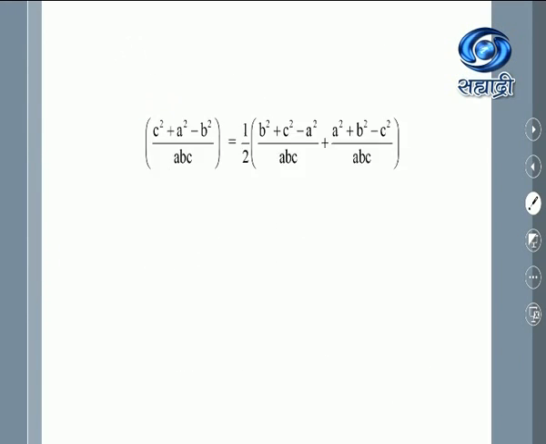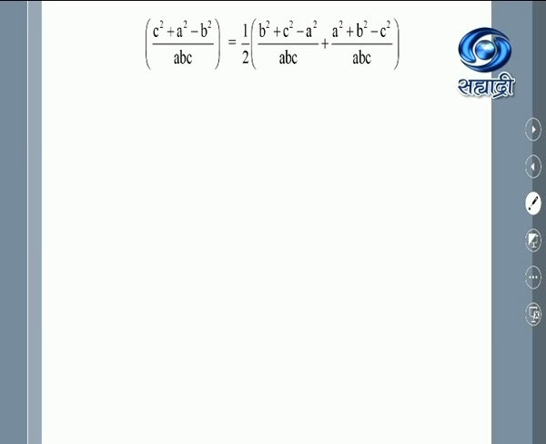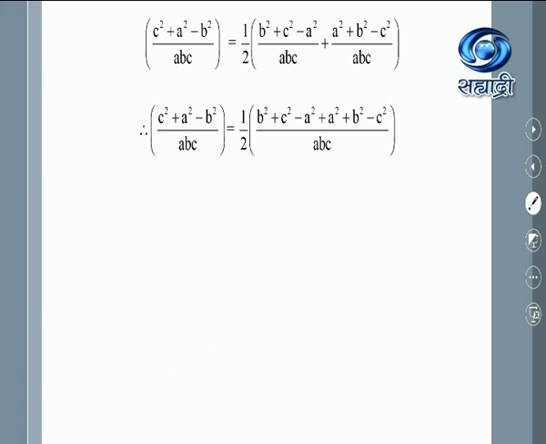So this is C square plus A square minus B square upon ABC is equal to half B square plus C square minus A square upon ABC plus A square plus B square minus C square upon ABC. Here what we have done is the simplification of the previous step, that's all. Now look at the denominator. Both the sides are having the common denominator, that is ABC. You may cancel at this step.